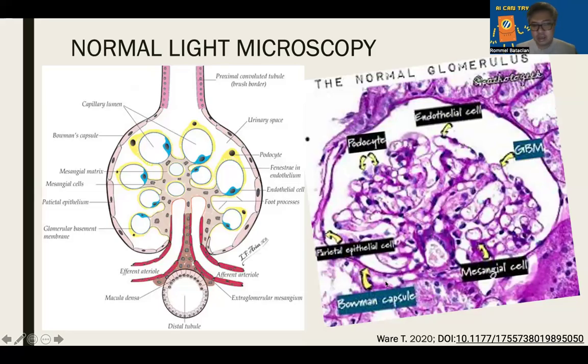Not really seen clearly here, but important are also the efferent arteriole and the afferent arteriole. And then here are the distal tubules, which also primarily contain epithelial cells. This is H&E staining, so it looks purple. It's normal: the glomerular architecture is intact, and there is no abnormality seen.